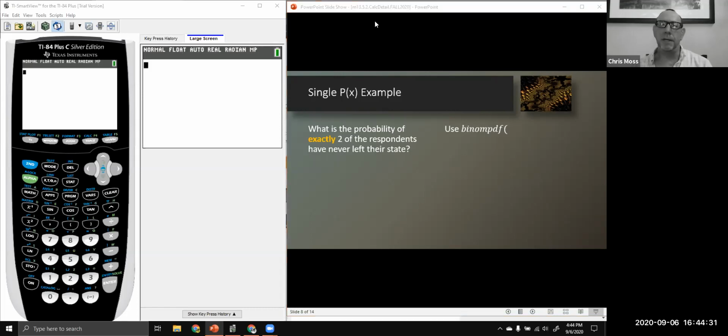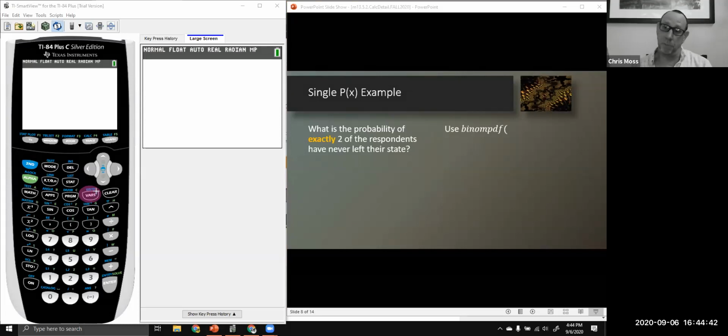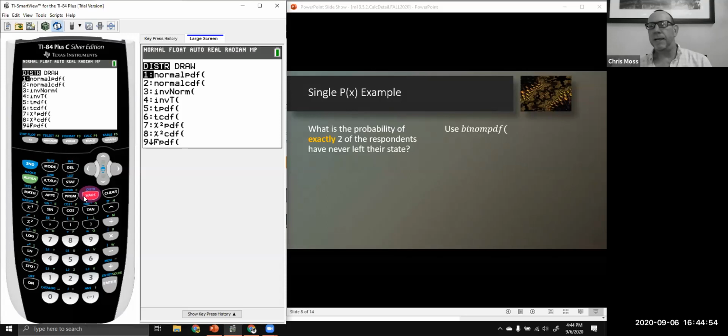I am going to need the distribution key, and that's right here. I have the vars key, but right up above the vars key in blue is an abbreviation of the word distribution. So, second, vars, and I get a big long list.